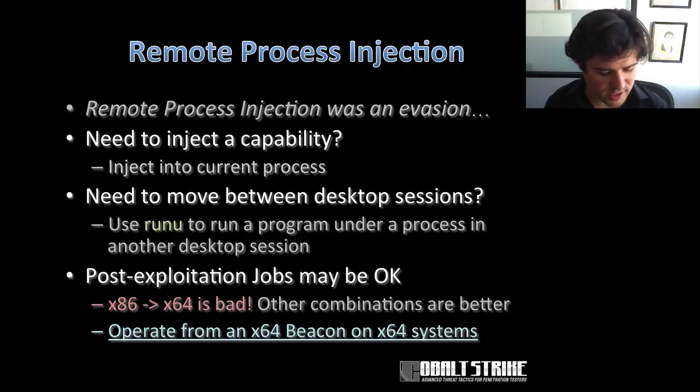Cobalt Strike will treat that situation differently from others. It will allocate memory in the current process and copy the payload there. It won't use WriteProcessMemory. It's just copying from one part of memory to another. It can do that. And it creates a thread to kick off the capability. So that's an option. You're not doing remote process injection.